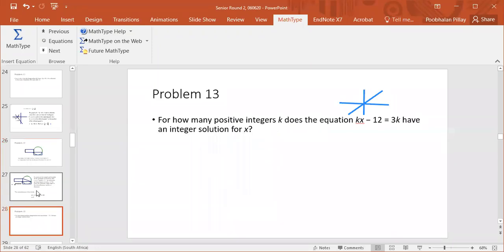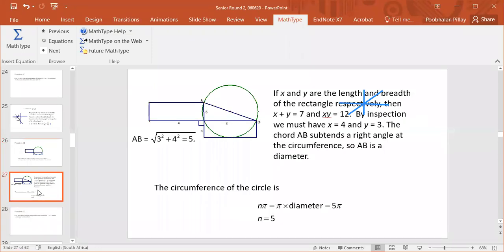I'm going to write it down here, show you what's going on. x plus y equals 7, xy equals 12. You got very small numbers here, 7 and 12. So mentally you can say, I'm looking for two numbers which when added gives you 7 and when multiplied gives you 12.